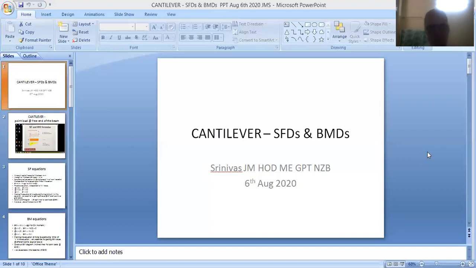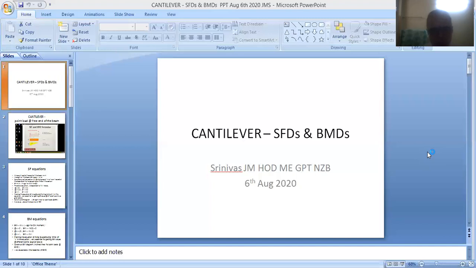These are the two types of loads usually acting on cantilevers and simply supported beams. Now, as the name itself implies, if the entire load is concentrated at one particular point, it is called a point load or concentrated load.